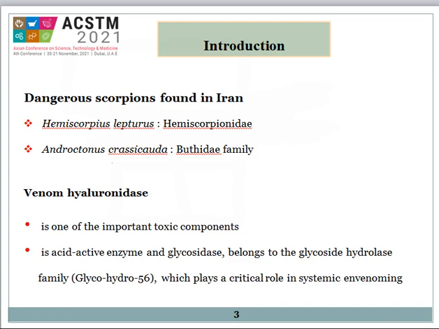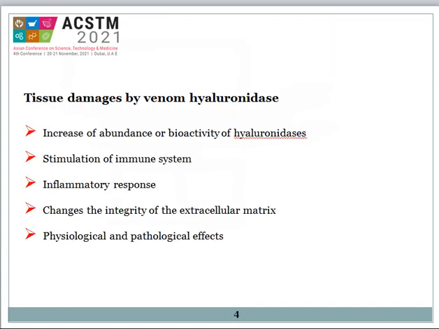Hyaluronidase is an acid-active enzyme, a glycosidase belonging to the glycoside hydrolase family, which, due to its catalytic role in the depolymerization of large hyaluronic acid molecules into low molecular weight fragments, plays a critical role in systemic envenoming.